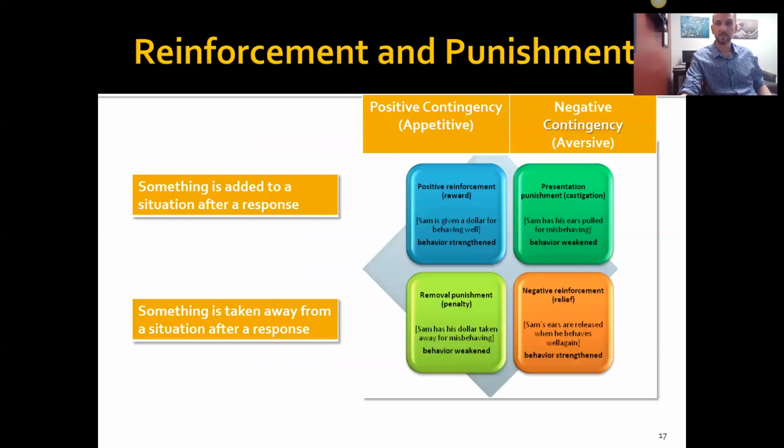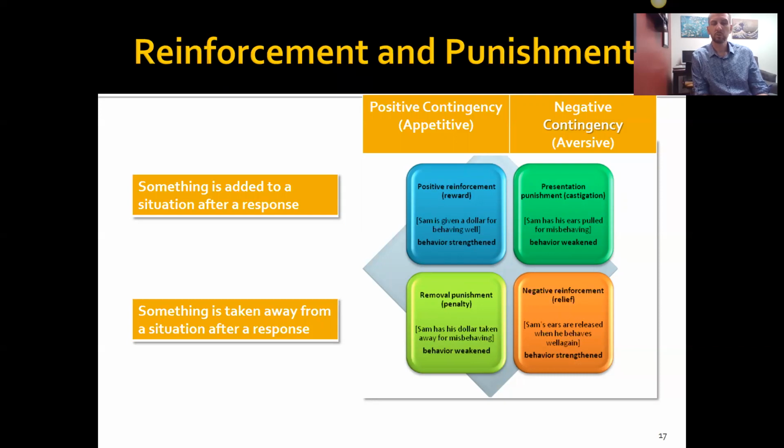So I have this graphic here. Let me start with the rows. The first row is where something is added to a situation after a response. So both of those are positive. And the second row is where something is taken away from a situation after a response.